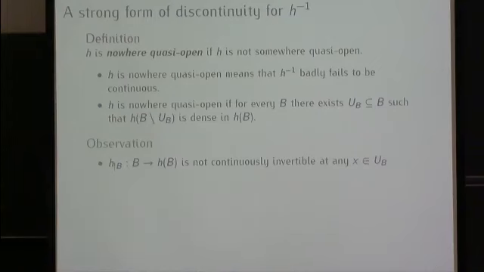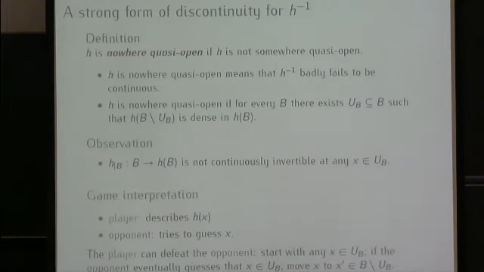So first remark, if this is true, if you take some x in U_B, then h will not be continuously invertible at this x. So it means that if h satisfies this, it will not be continuously invertible on a large set.